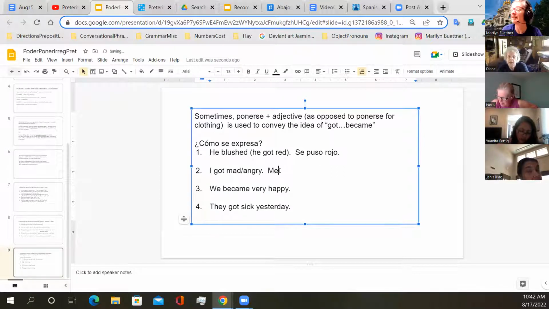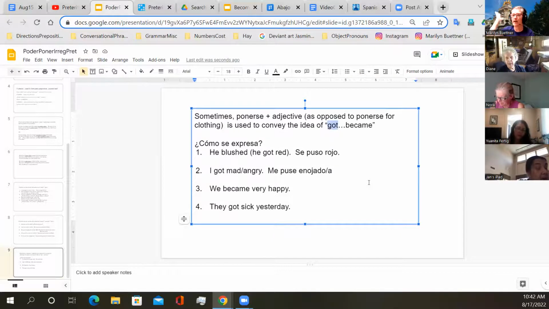Or I got, perdón. Me puse enojada. Enojado or enojada, depending on if you're a man or a woman. Me puse enojado, me puse enojada. I got angry. This word got, in English, we fling it around about a gazillion different ways, right?